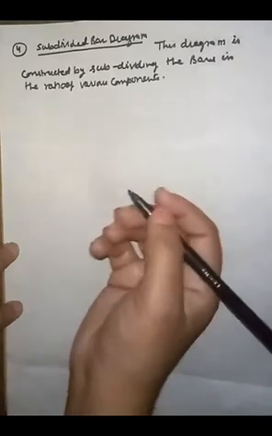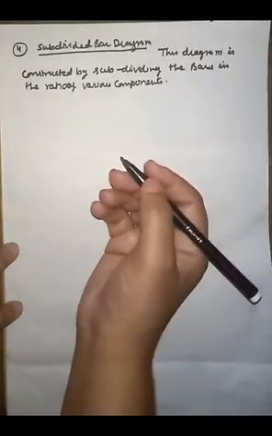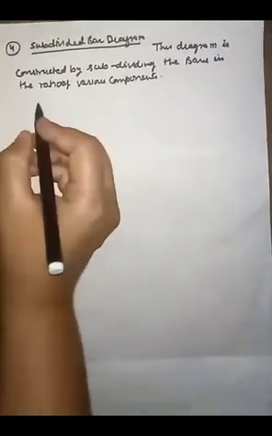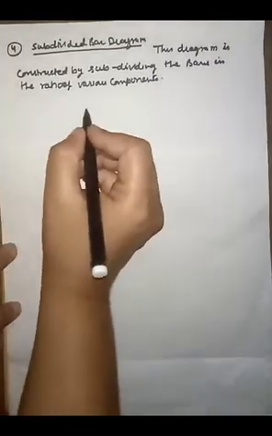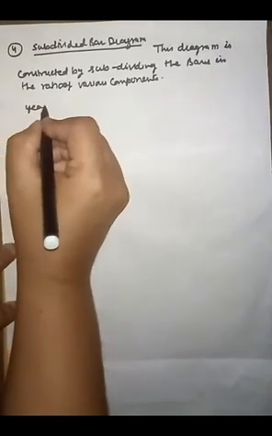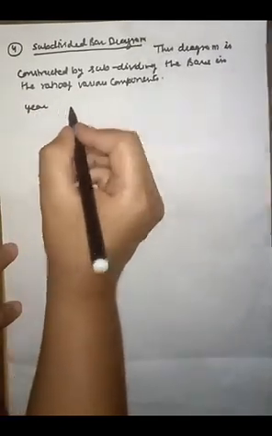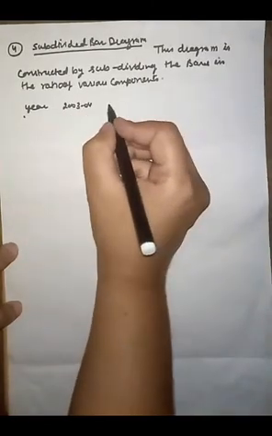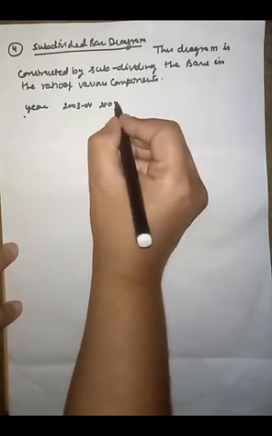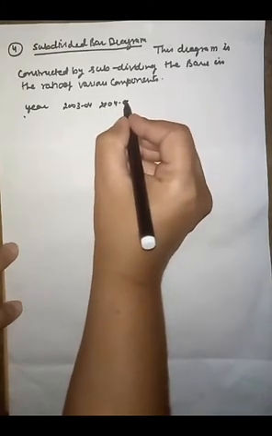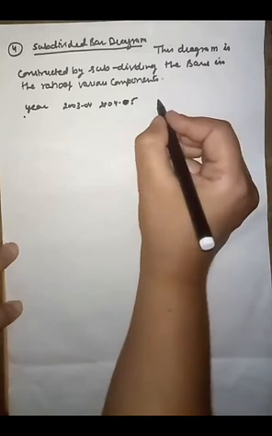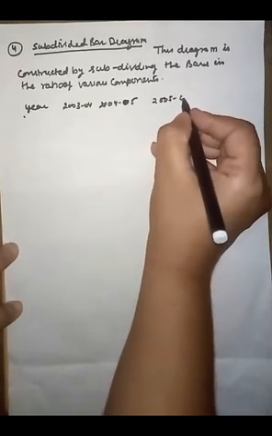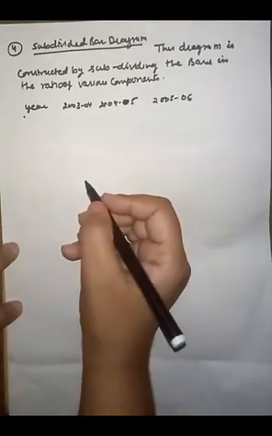Consider data related to year-wise enrollment of students in a college. Suppose consider years like 2003 to 4, 2004 to 5, 2005 to 6, right?